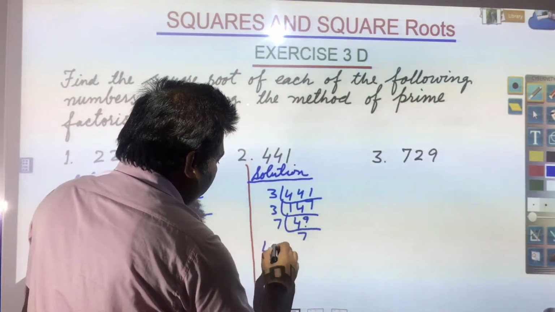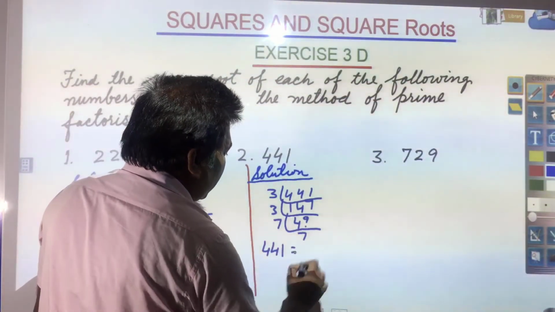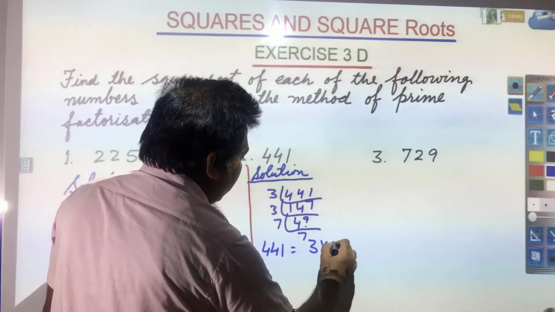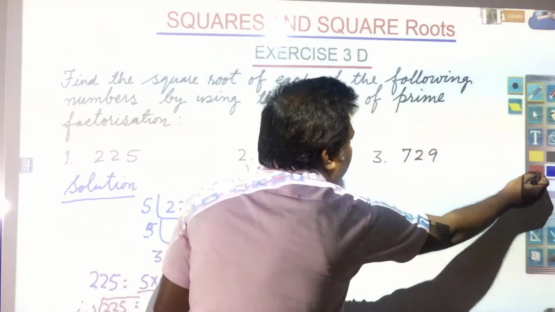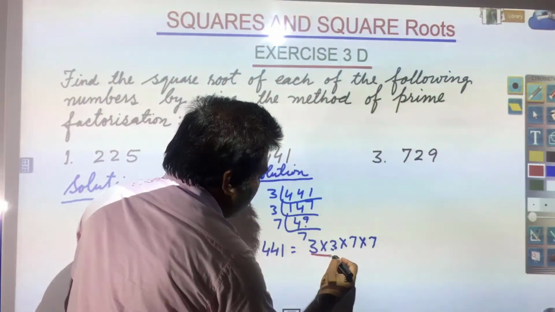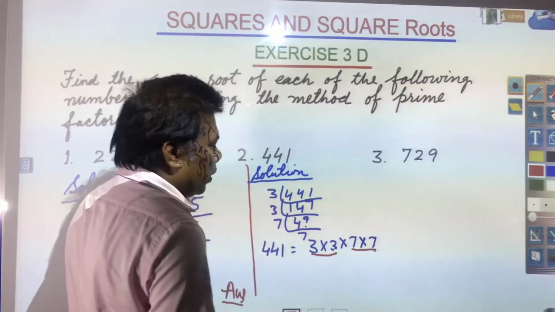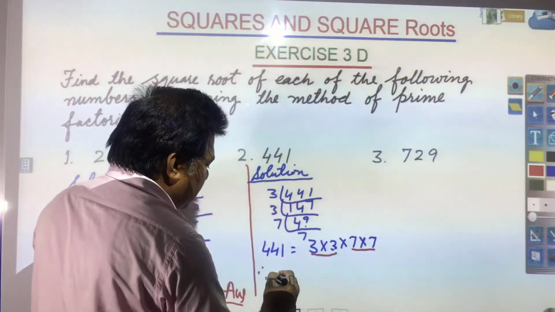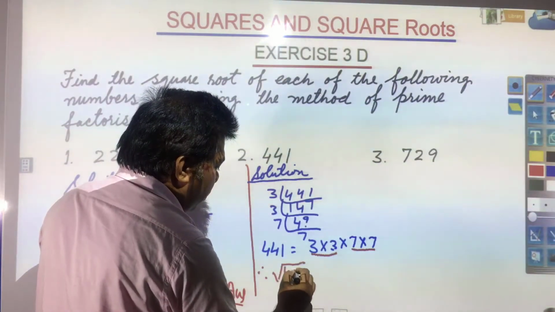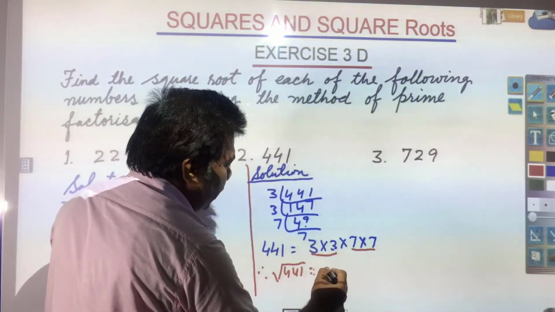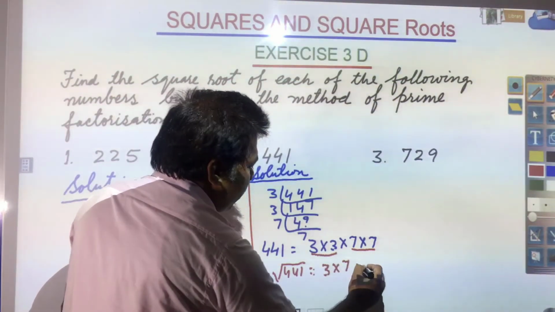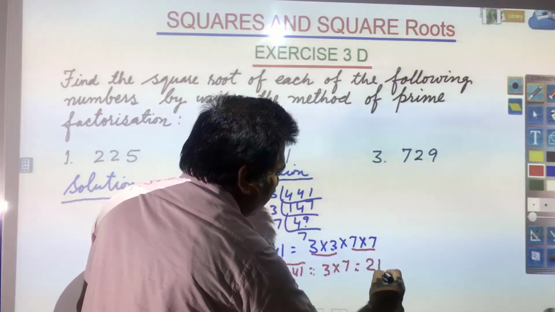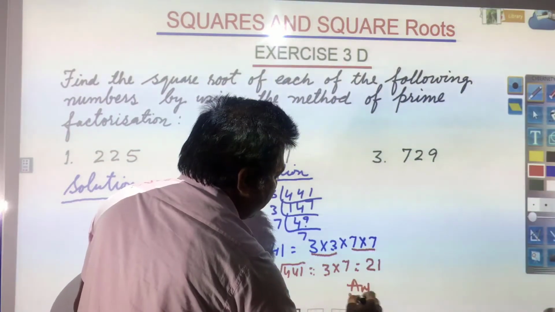So, 441 can be expressed as 3 into 3 into 7 into 7. You have two pairs, of 3 and 7, and therefore, square root of 441 will be 3 into 7 and that will be equal to 21 and this will be your answer.